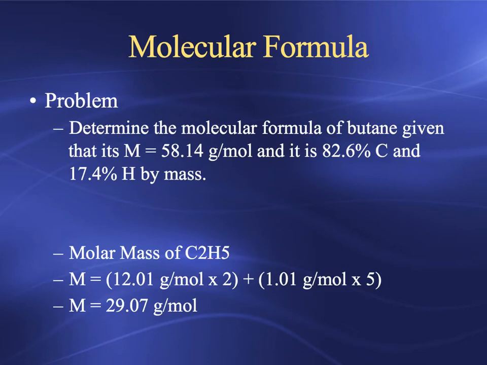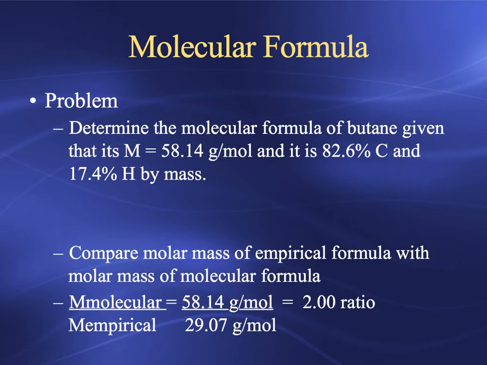We first calculate the molar mass of C2H5. 12.01 is 1 carbon, times 2, and 1.01 is hydrogen times 5. That gives us 29.07 grams per mole for 1 unit of C2H5.